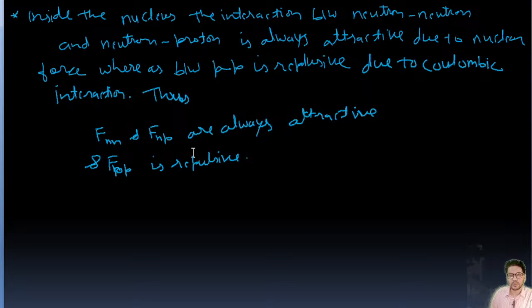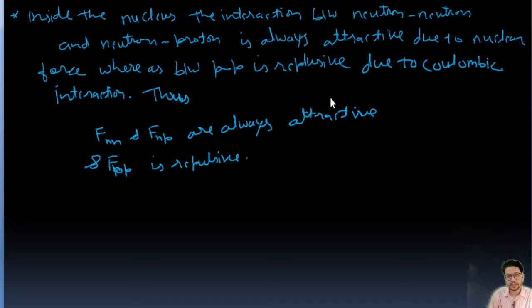So this we know now: between proton and proton, the force will be repulsive because of the Coulombic force, and between neutron and proton or neutron and neutron, it will be an attractive force. So which option is matching, guys?